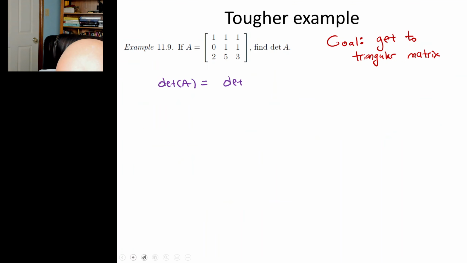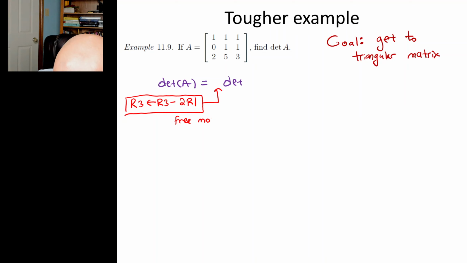I'm going to replace row 3 by row 3 minus 2 row 1. It's not going to make it as nice as the last one, but it'll be a start. This is a free move. There's no cost. The determinant does not change when we do this.